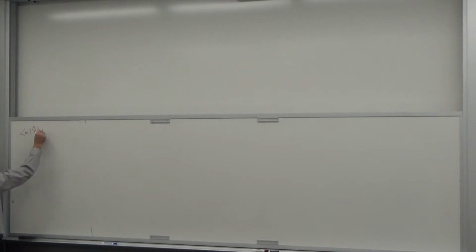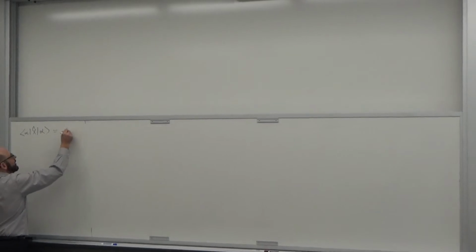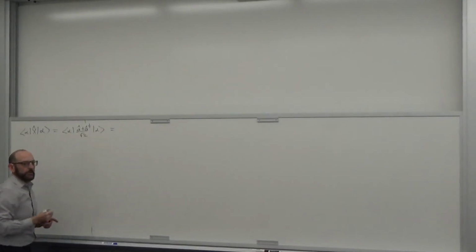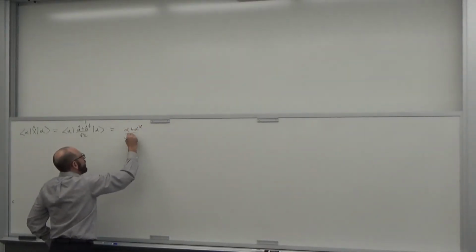What is the mean quadrature x for a coherent state? Well, this is equal to a plus a dagger over root 2, which is equal to alpha plus alpha star over root 2.